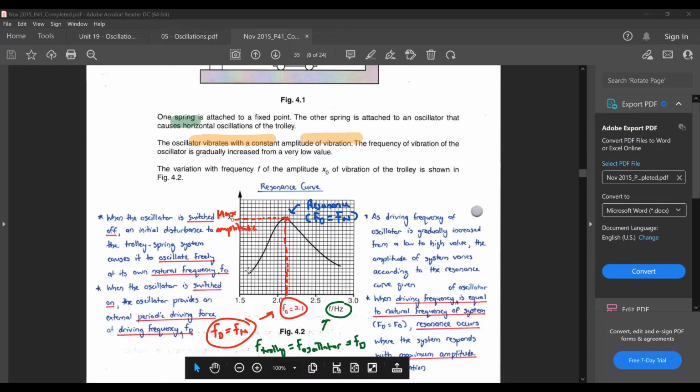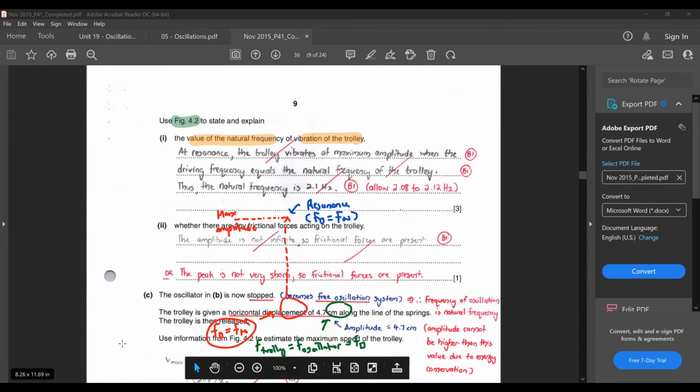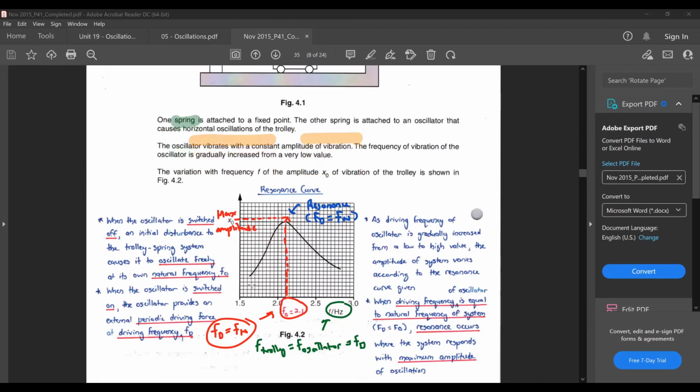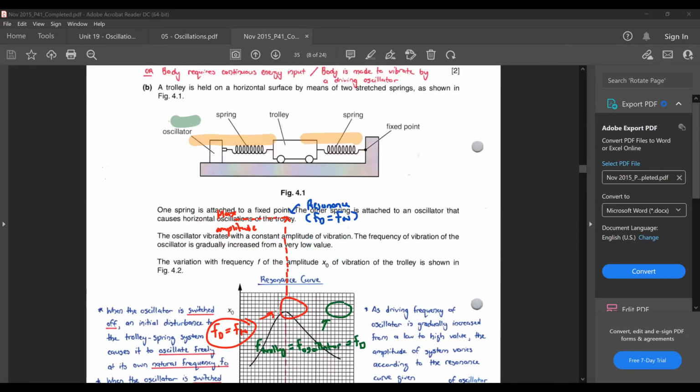That's how you would deduce it from your graph. Where you have maximum amplitude, that's where you have resonance. Where you have resonance, that's where driving frequency equals natural frequency. So whatever value of your driving frequency here is actually the natural frequency of the system. In your case, it's the natural frequency of your trolley.